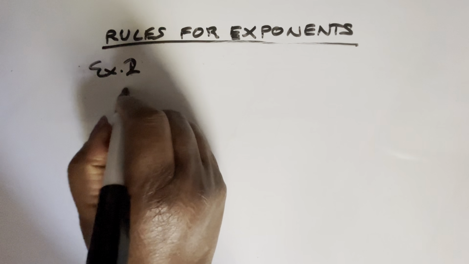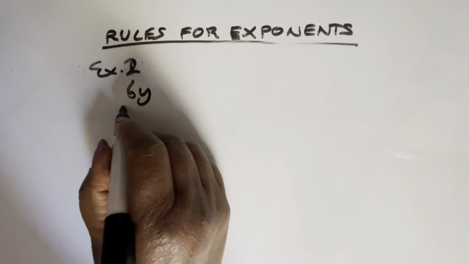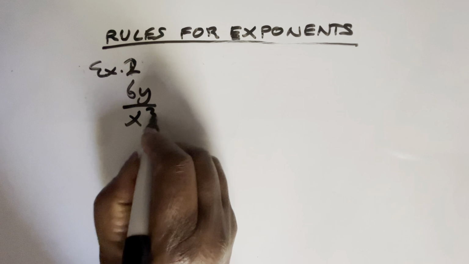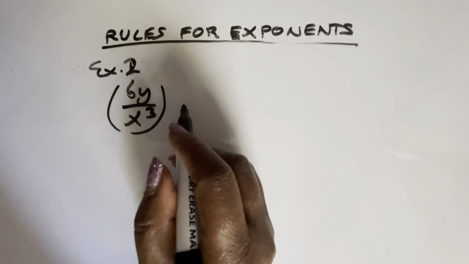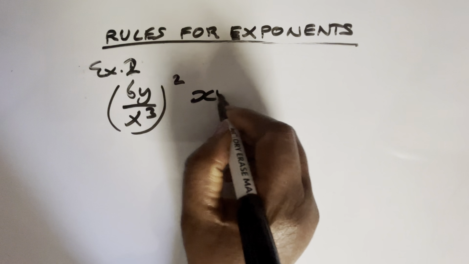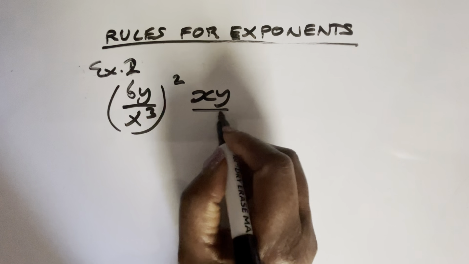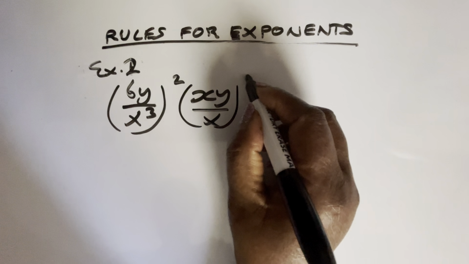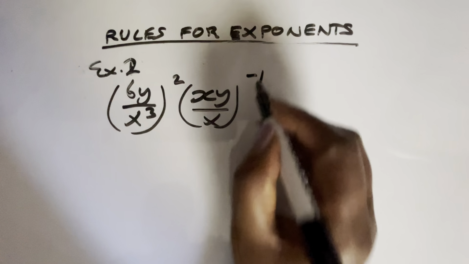Example 2. Here we have 6y over x cubed, all squared, times xy over x, all to the power negative 1.